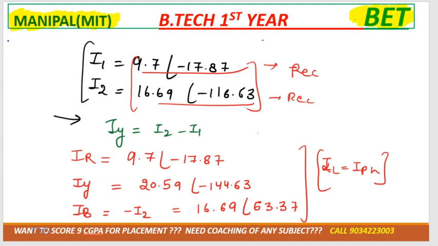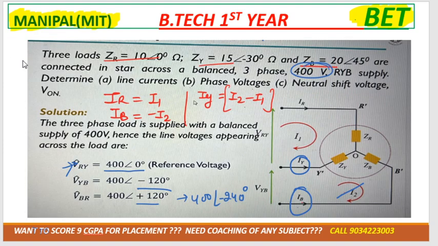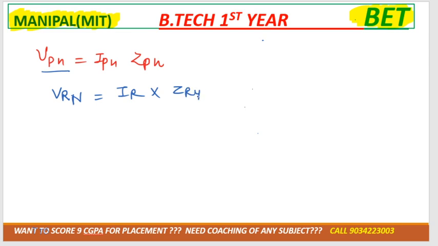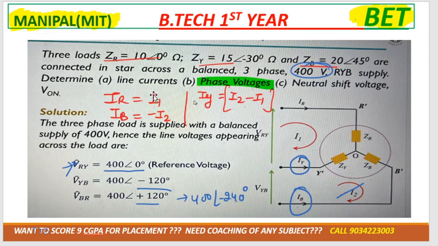After this, we need to calculate. In the question they are asking phase voltage, correct? So according to the formula, VPH is equals to IPH multiplied by ZPH, right? VR phase, so VRN would be equals to IR into ZR, right?